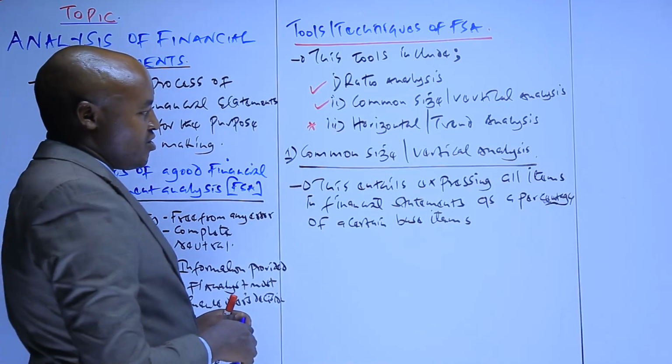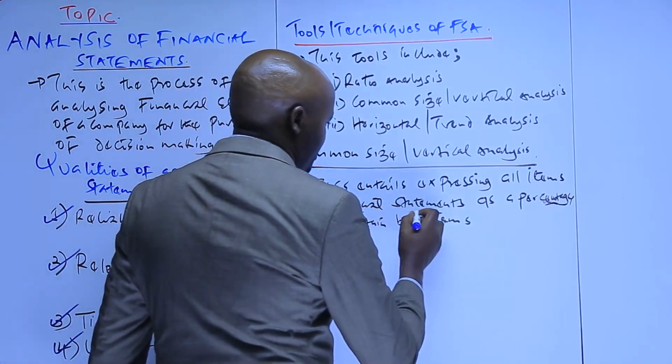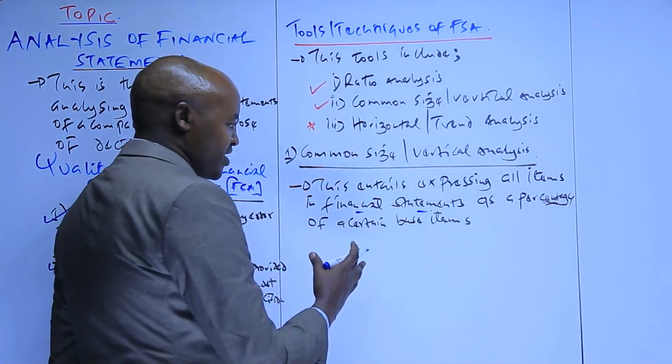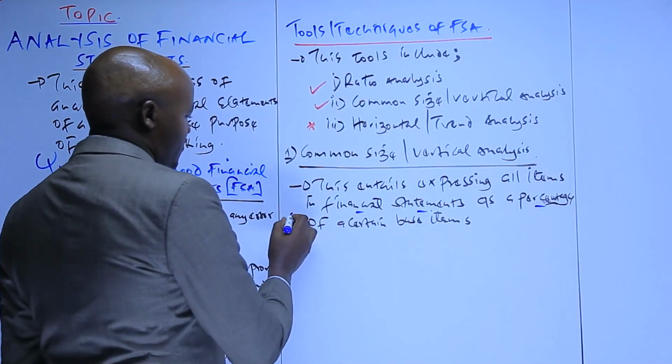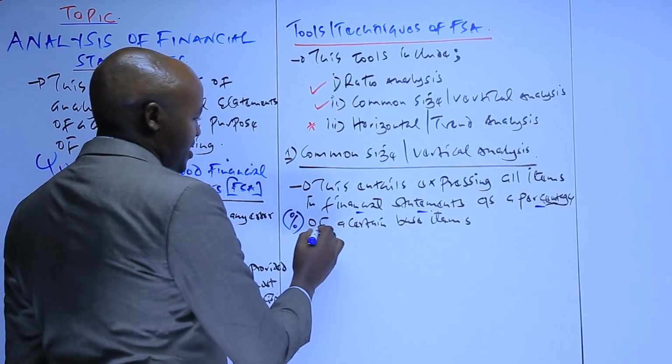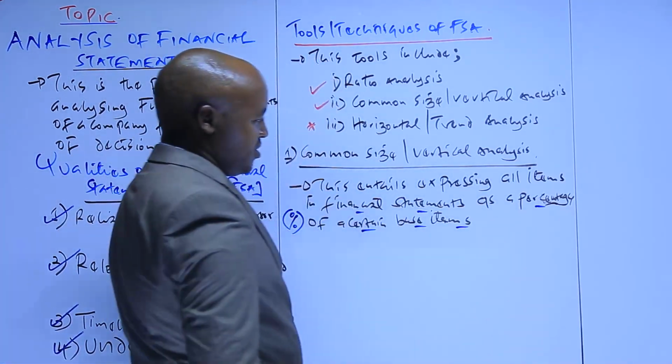So therefore we are saying all the items which are included in the income statement, in the financial statement, will be expressed as a percentage of a certain base item.